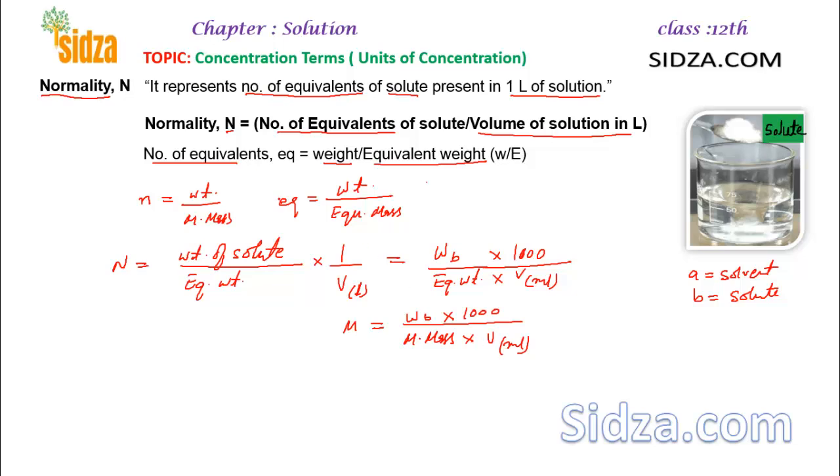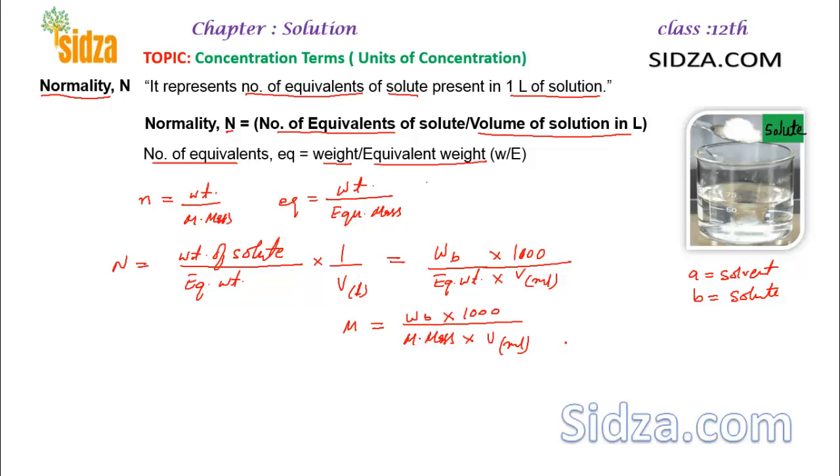That is the difference. So for substances where the equivalent weight is equal to the molecular weight, the molarity will be equal to the normality. That means if there is no difference between the equivalent weight and the molecular weight, then the normality of a solution will be equal to the molarity. And if they are different, then the normality and the molarity will be different.